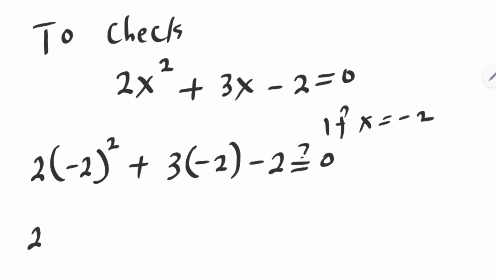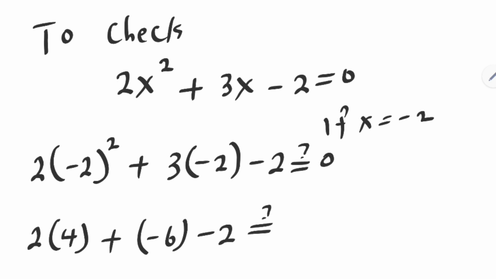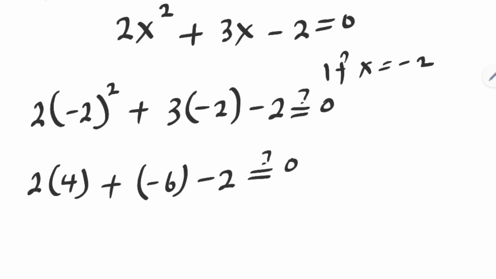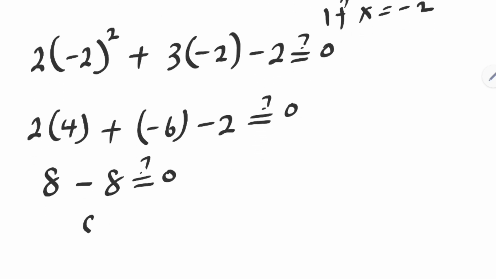This is 2 bracket minus 2 squared, that is 4, plus 3 multiplied by minus 2, that is minus 6, minus 2 must be equal to 0. Then 2 multiplied by 4, 8, minus 6 minus 2, that is minus 8, must be equal to 0. 8 minus 8, 0 is equal to 0, which is true.